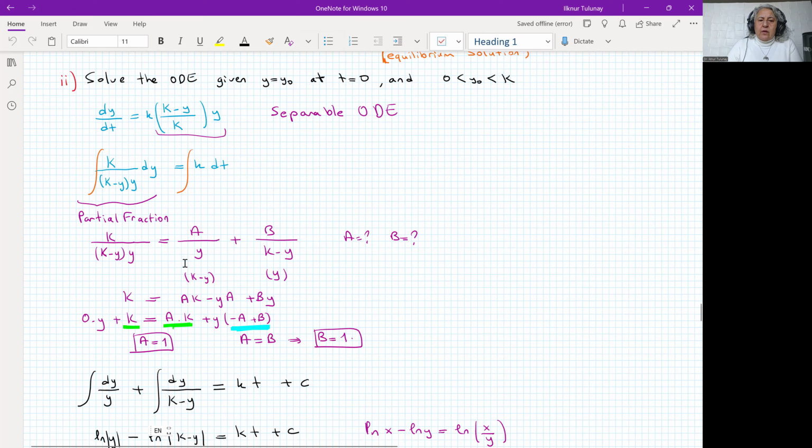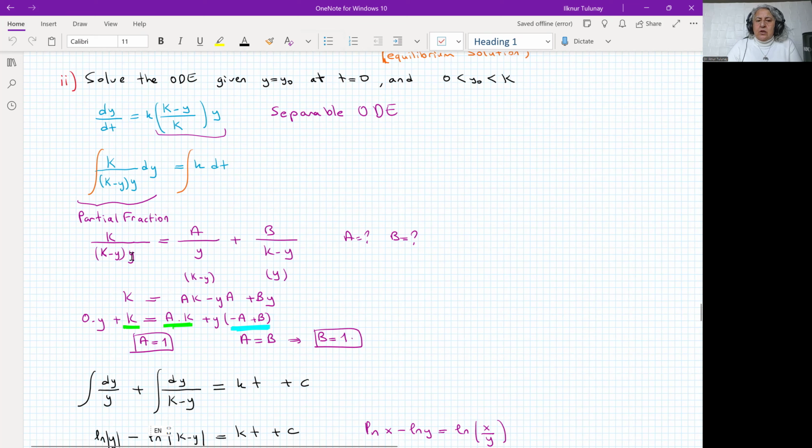So we need to multiply this fraction by K minus y, and multiply by y, to make the denominators cancel. When we do that, the coefficient of K will be 1, and the coefficient of y will be 0.